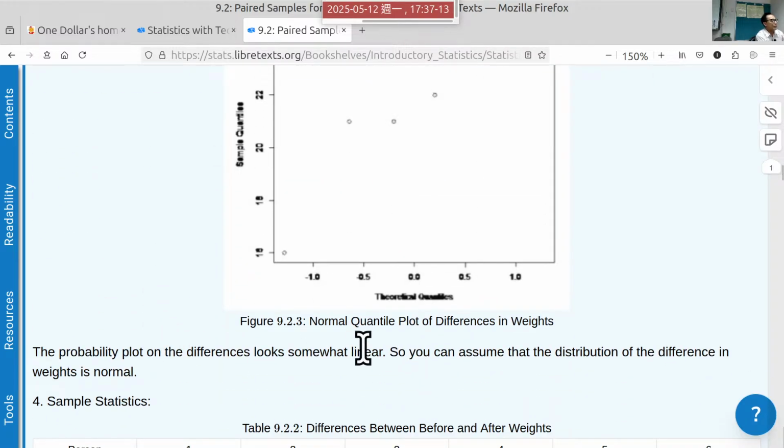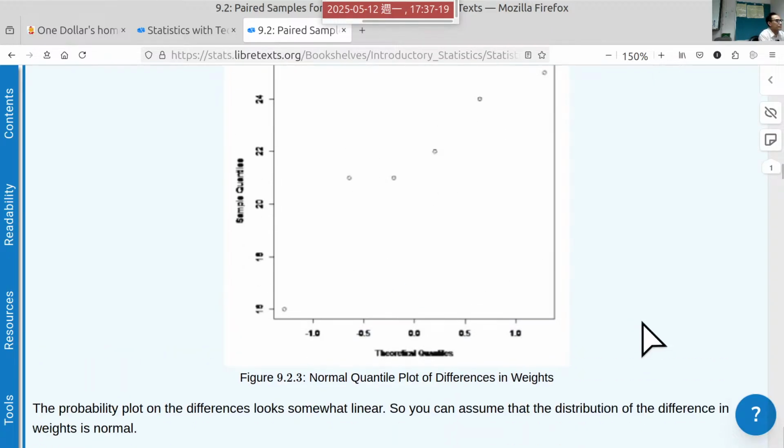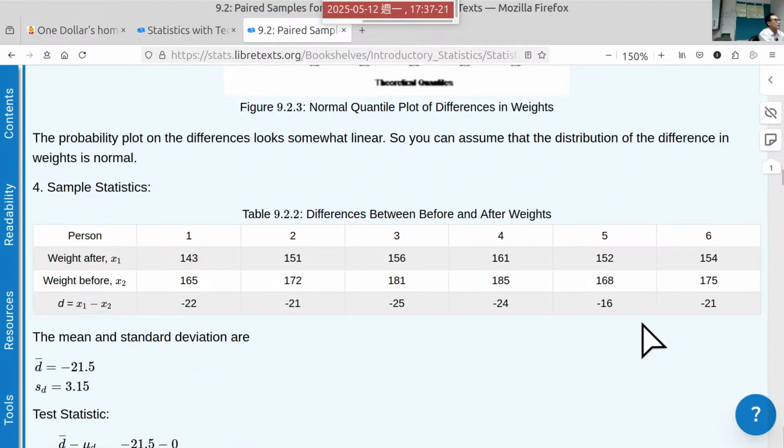And here, the normal quantile plot of differences in weights. Okay, here, sample statistics from the same. Before, that is here. After, that is here. And now we need to calculate the differences, after minus before. Okay, let me do this.